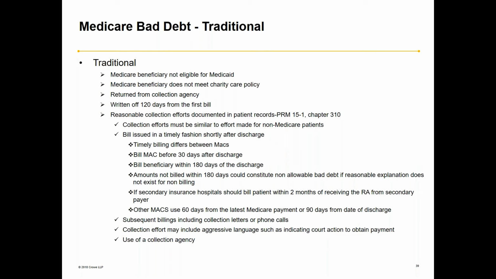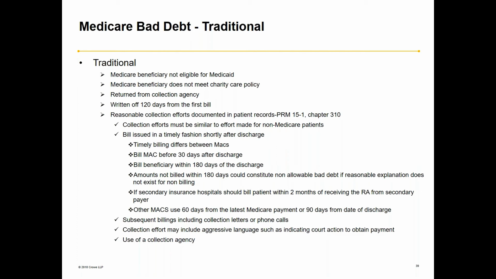Even if it's over 120 days old, even if you've worked it, you've sent 3 statements, maybe you've made phone calls, whatever your policy says you're going to do before you turn it over to the collection agency, because it's at a collection agency and has not yet been deemed uncollectible, so it's not worthless, it cannot be claimed as a Medicare bad debt on the cost report.